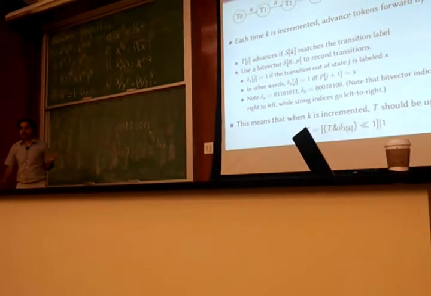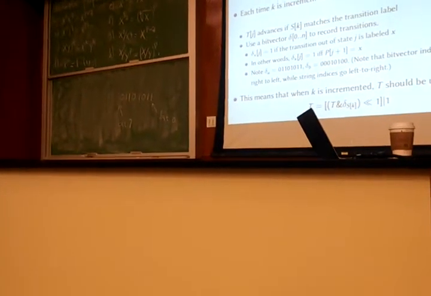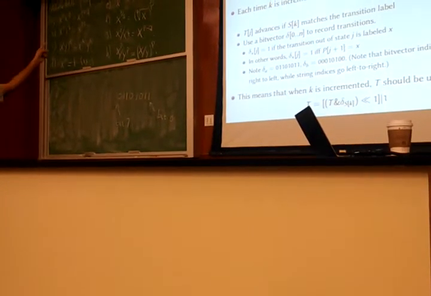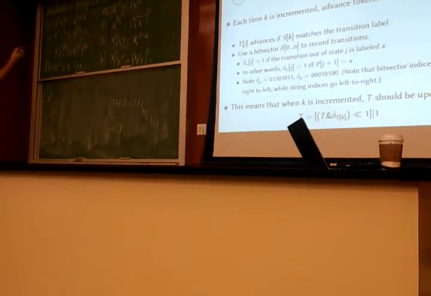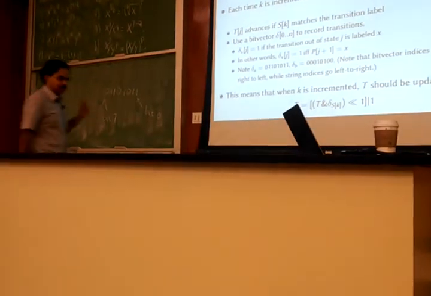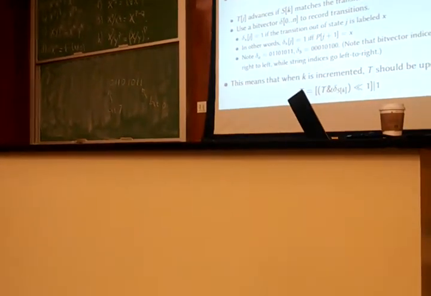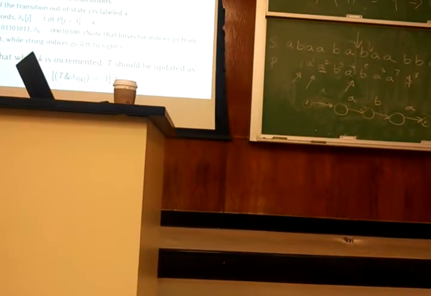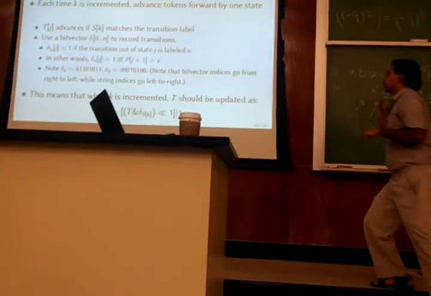This is the convention we generally use for labeling bit vectors. Of course, the states we label left to right, so this is a right to left labeling and that's a left to right labeling. That has to be kept in mind. I could have changed it around and labeled the bit vector from left to right, but you'll see in the next slide that labeling right to left is convenient because it makes it easier to explain what's going on.